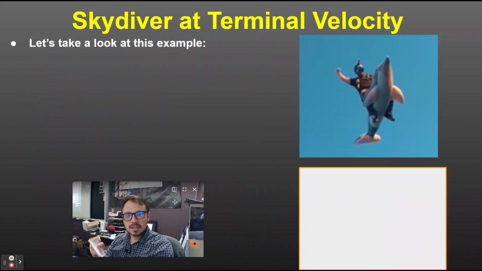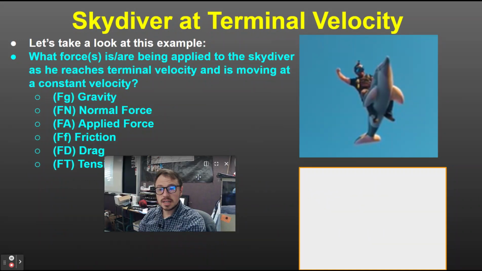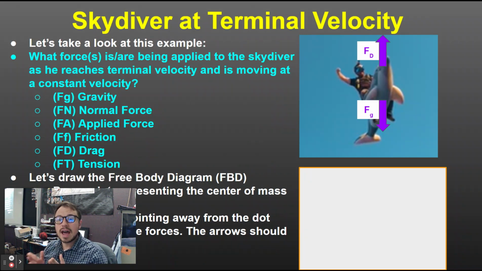So let's take a look at a skydiver at a terminal velocity. Terminal velocity means constant velocity. So let's take a look at those forces. I'm going to have gravity pulling down. Right now the forces are unbalanced, but constant velocity should jump out at you, saying, oh, these forces need to be balanced. The net force needs to be 0 newtons. So the drag, that air resistance, is going to balance out gravity.